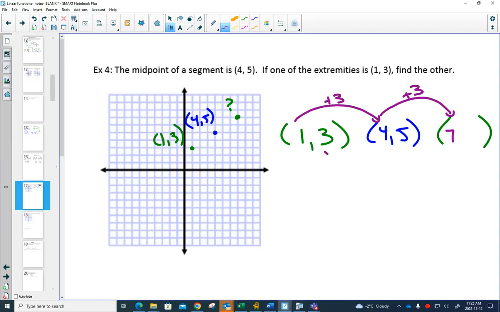And what's happened with our y-coordinate? You've gone up 2. If you did that again, you would get 7, 7. Does that match up with where I've drawn the point? 1, 2, 3, 4, 5, 6, 7. 1, 2, 3, 4, 5, 6, 7.